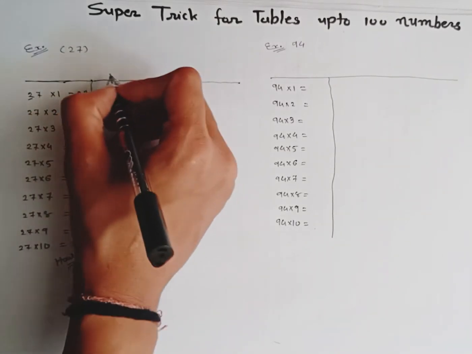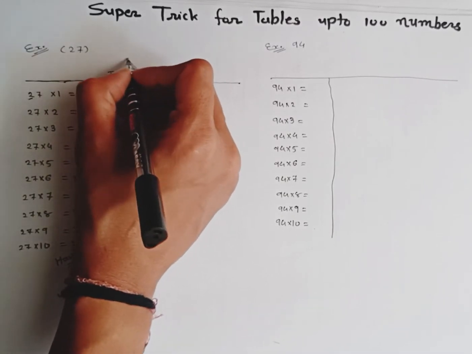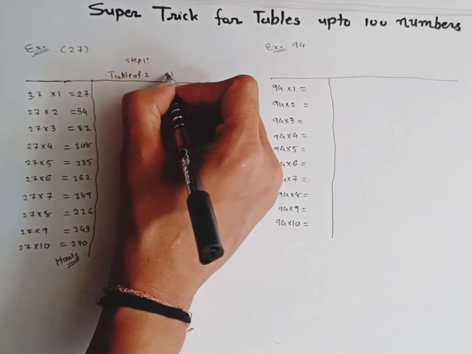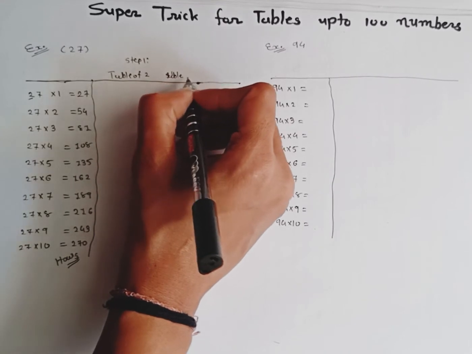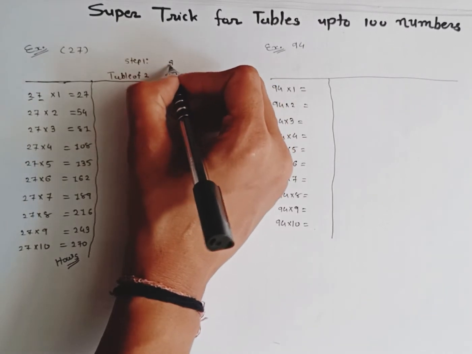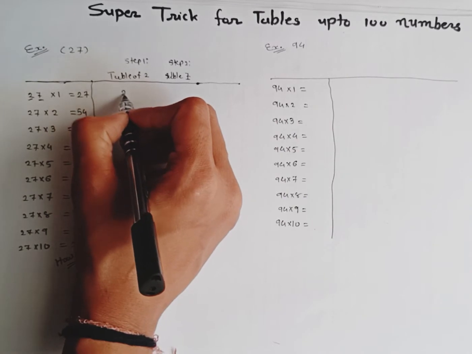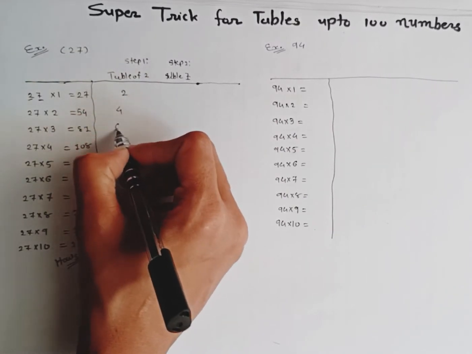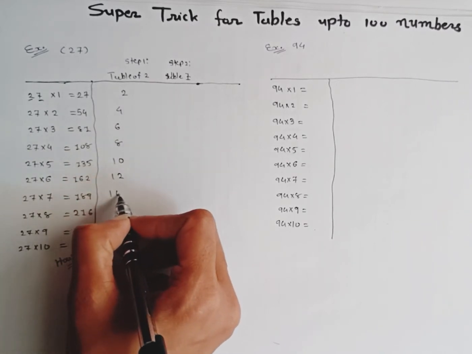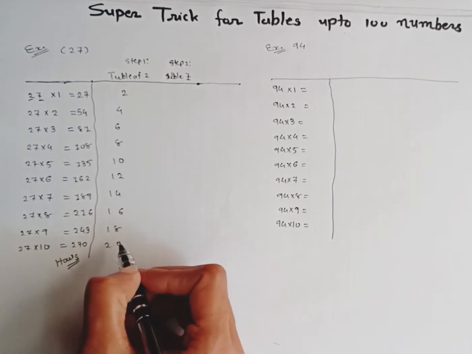27. First write a table of 2. This is step 1. Next step, table of 20, table of 7. This is step 2. 2, 4, 6, 8, 10, 12, 14, 16, 18, 20.